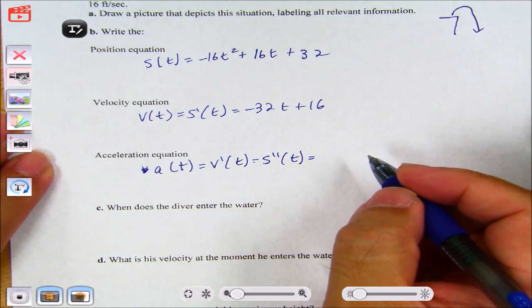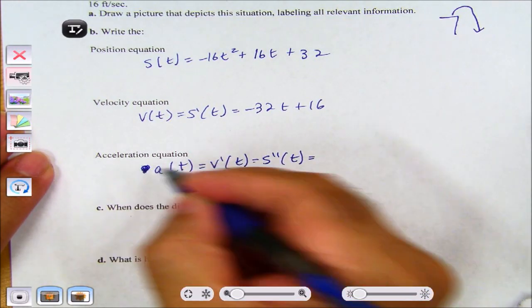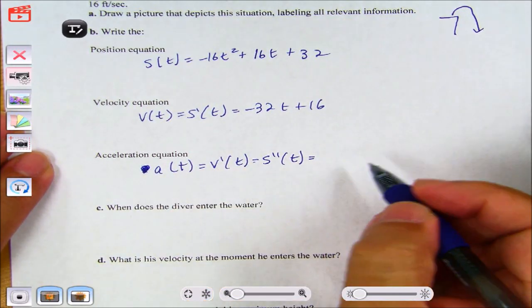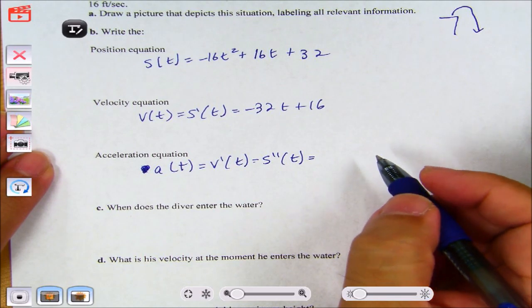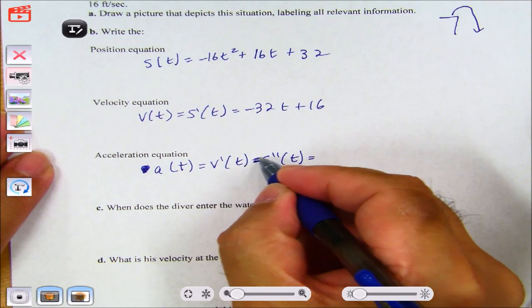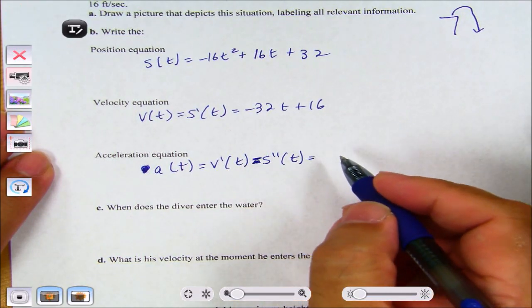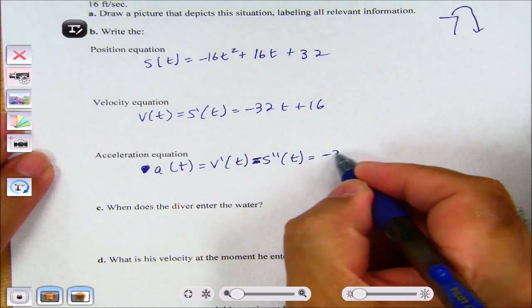Am I going too fast? Is that A of T? That is A of T. Is that an equal sign between V of T and S of T? Yes, that's an equal sign. So that's just negative 32? Negative 32. Yes, ma'am.